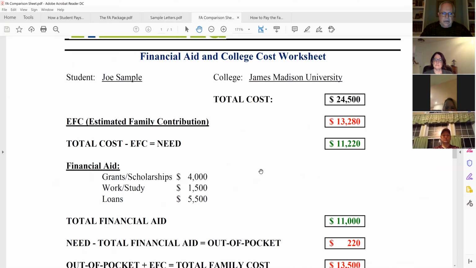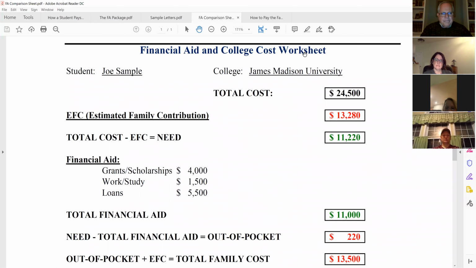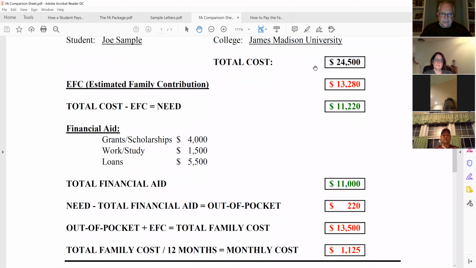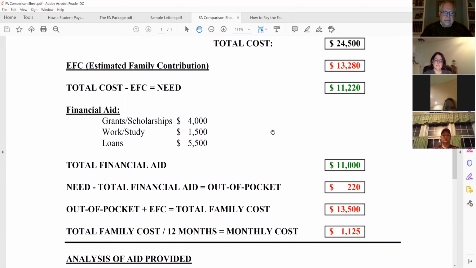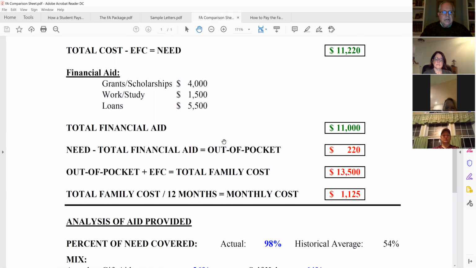So we use this little spreadsheet thing. This is James Madison, but basically what it does is, we've got the total cost. We know what the family is being expected to pay based upon the results of the FAFSA filing. The difference is need, right? $11,220. Here's the financial aid that the student received. All right.